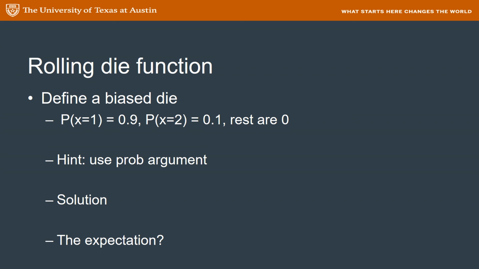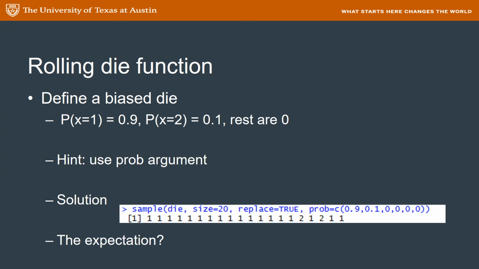Now we have to use the prob argument in the sample function. So we have to set prob to be a vector which contains all these probabilities. So let me print the solution.